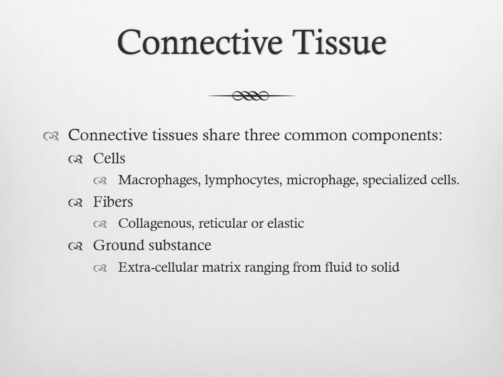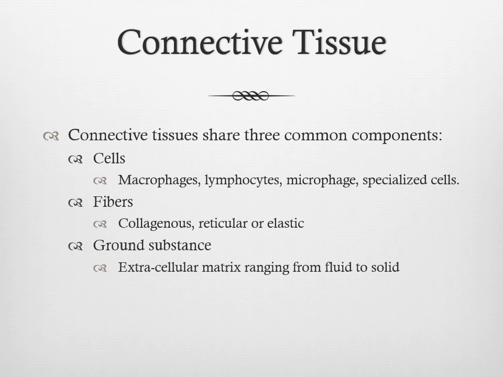Connective tissues have a few hallmarks when we look at them under a microscope. One, we see cells, but those cells aren't as densely packed together as those of epithelium, so there tends to be a bit more space in between them. There are different kinds of cells. They're generally going to have a fiber associated with them. So we'll have one of three different kinds: collagen fibers, reticular fibers, or elastic fibers.